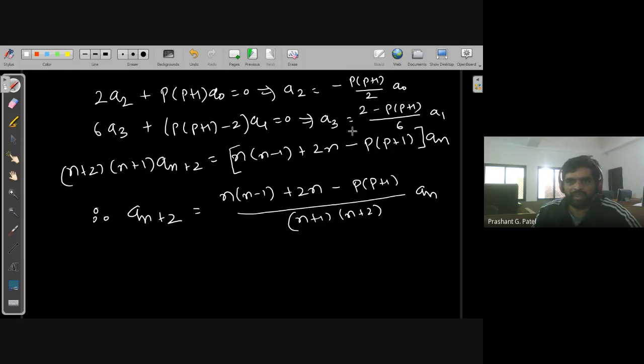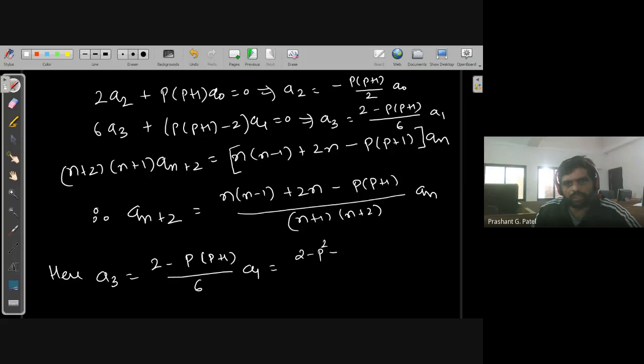So this a3 I may rewrite. Here a3 will be 2 minus p into p plus 1 by 6 a1, that can be rewritten as 2 minus p square minus p upon 6 a1.